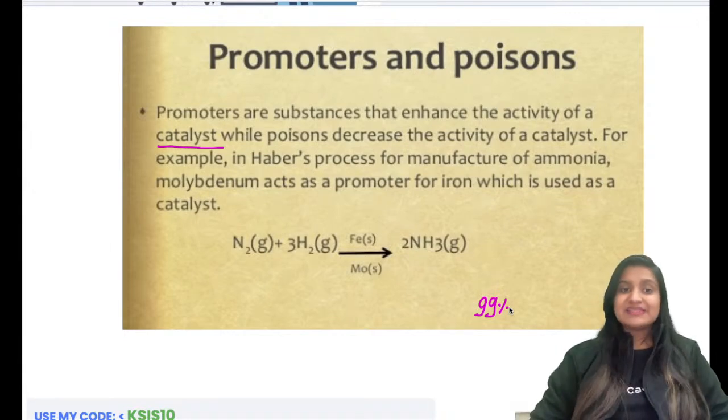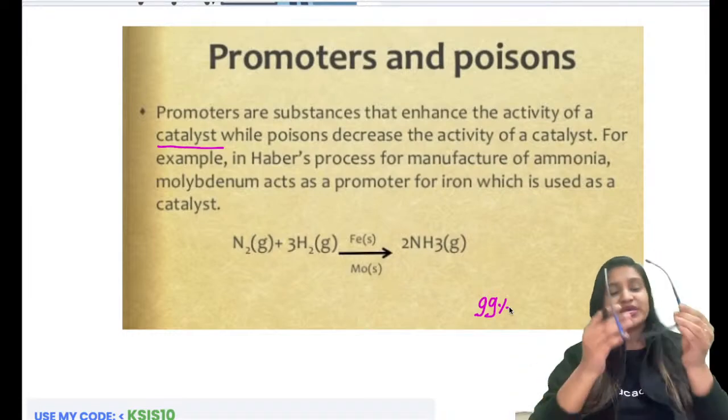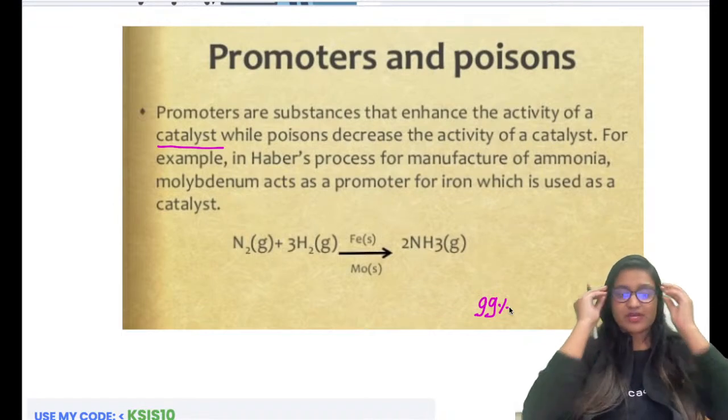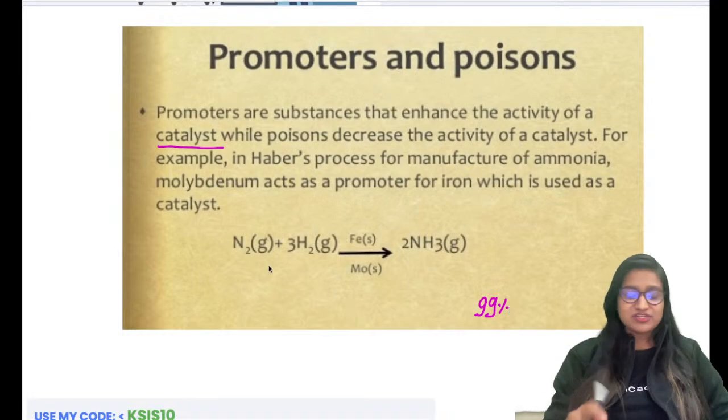For example, in case of Haber's process, which is used for the production of ammonia, that is NH3. So you can see here N2 plus 3H2 gives you 2NH3, right?